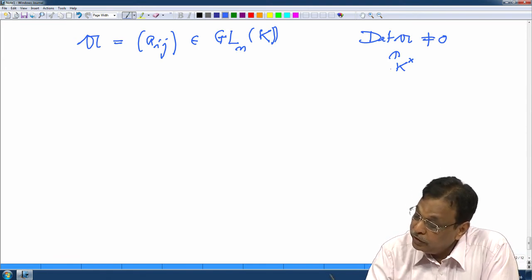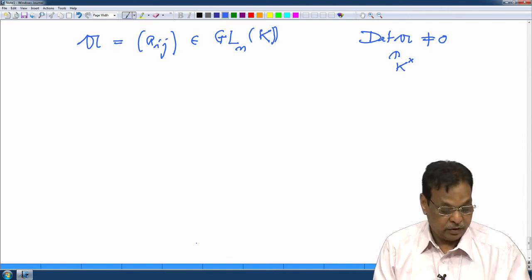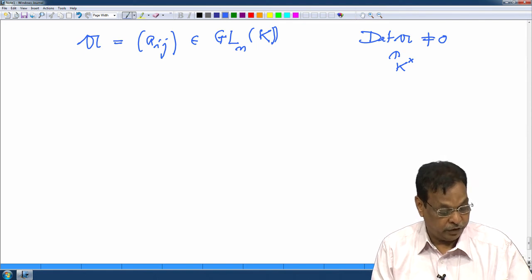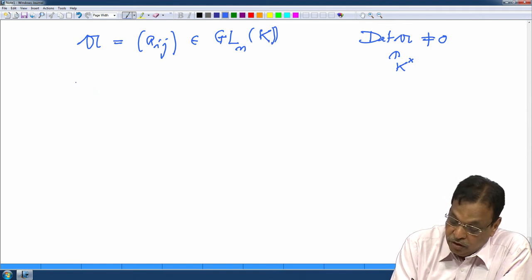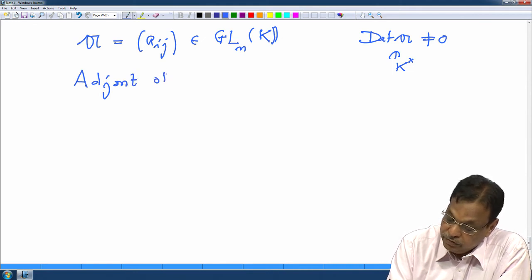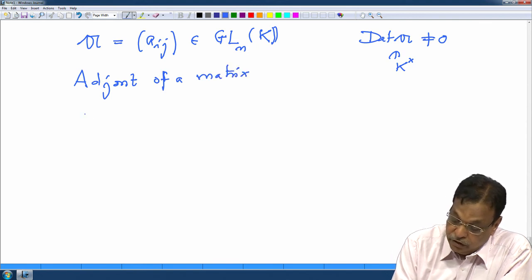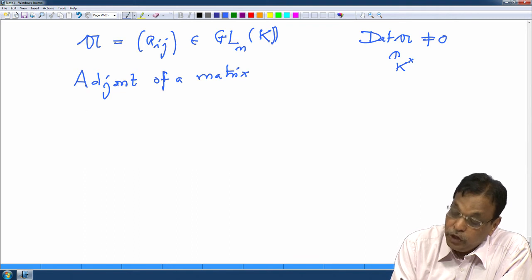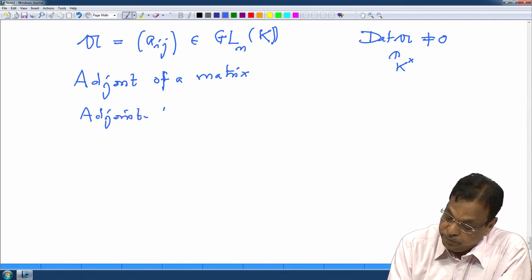Having noted this, we want to write the inverse explicitly in terms of the entries of A. For this, what we need is what is called the adjoint of a matrix, and the relation between the adjoint and the original matrix. I will call this the adjoint determinant formula.